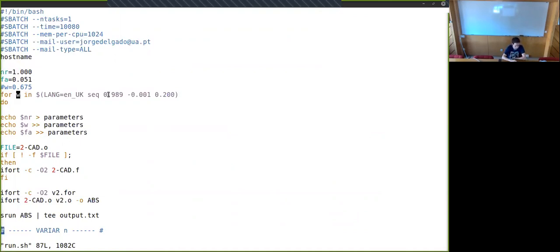We start with 1 that I already have, then decrease by this step until we reach some value. With this value, I put it within the parameters file, and then with the Fortran file, the v1.4.4 file, I just go there, grab the values, and run everything.